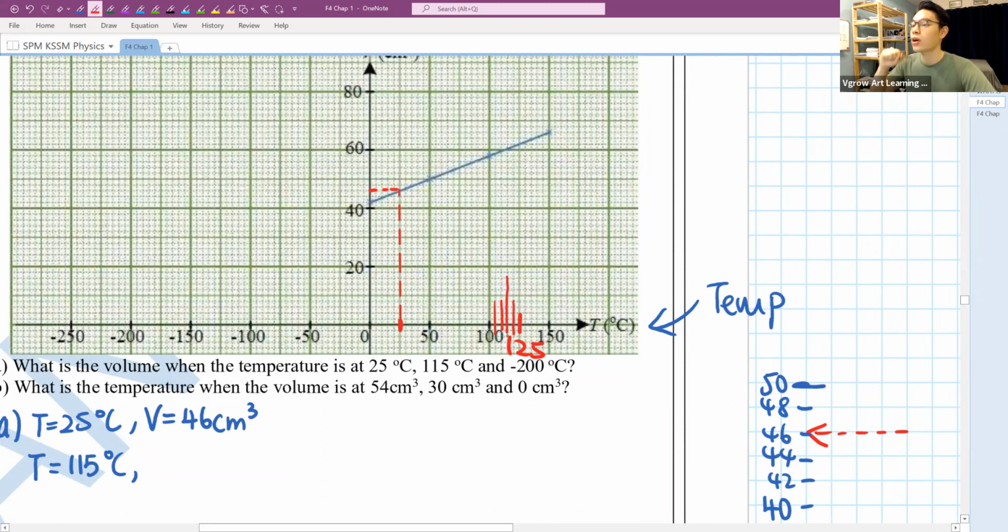Each small little box is 5. I will get a nice value. This one is right at 60.